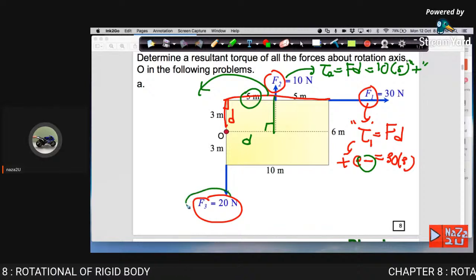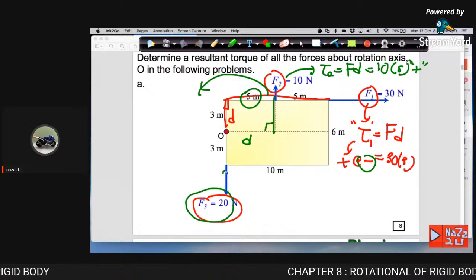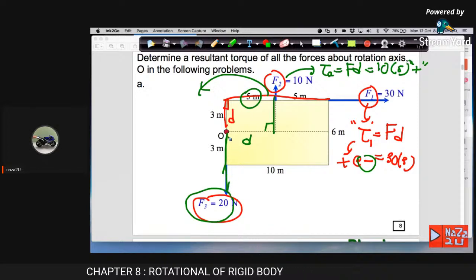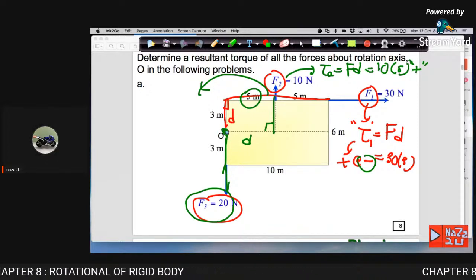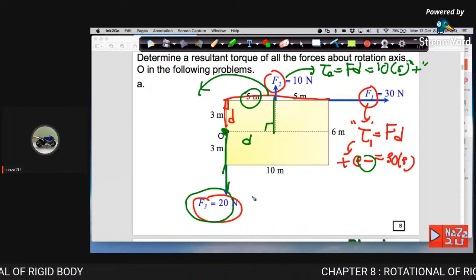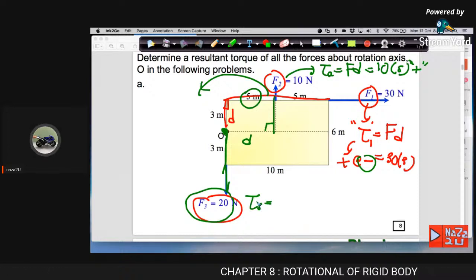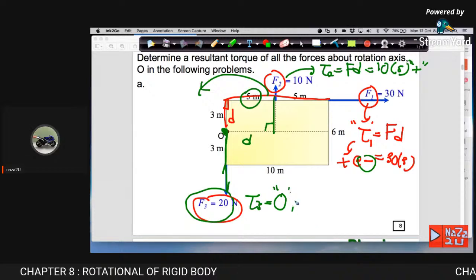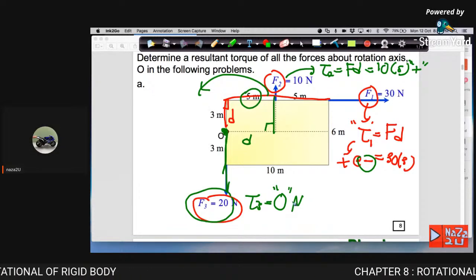Here the line for F3 is at the moment arm or pivot point, so there is no need for you to calculate this. Torque 3 is equal to 0 Newton. Alright.